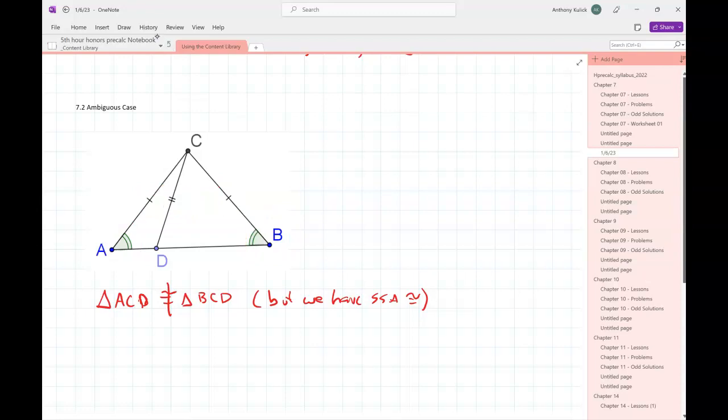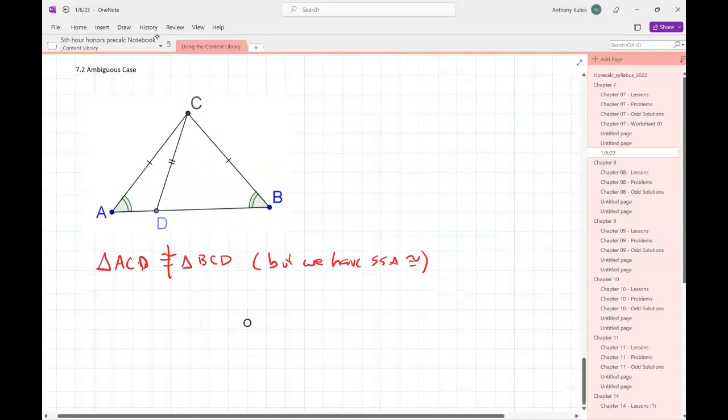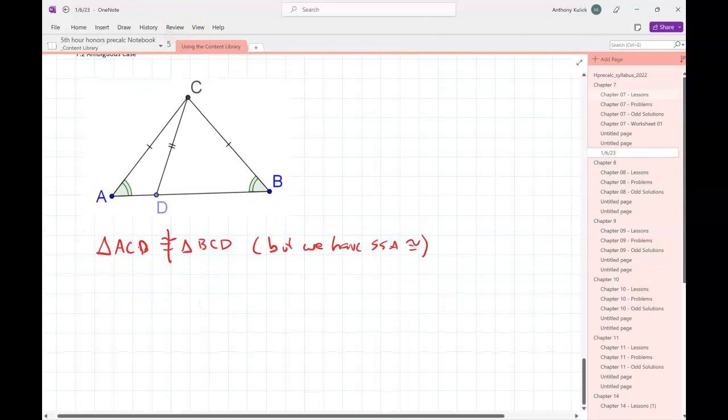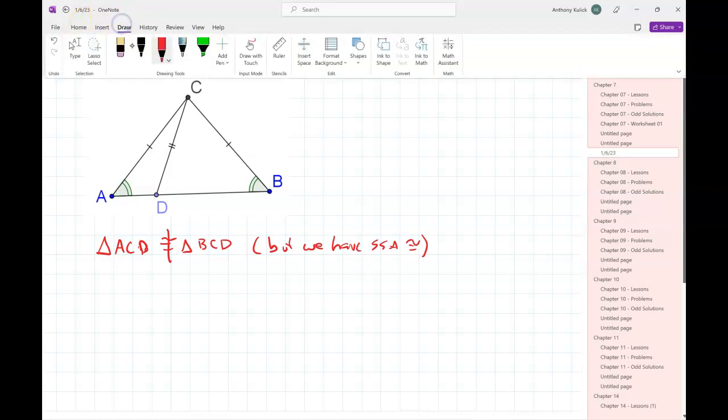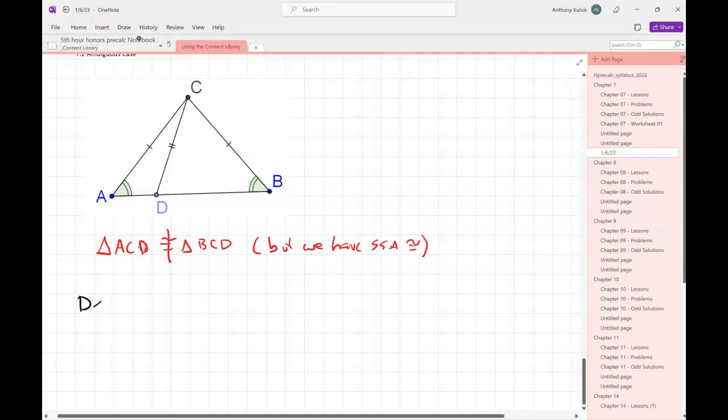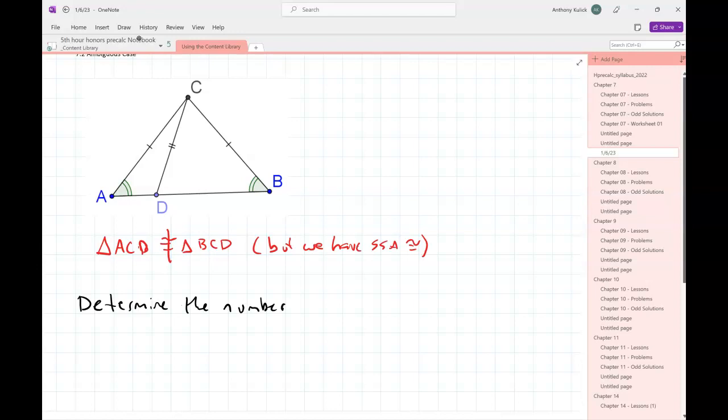So this makes our lives a little bit complicated. To determine what's going on, for the most part, we can just look at the given information.